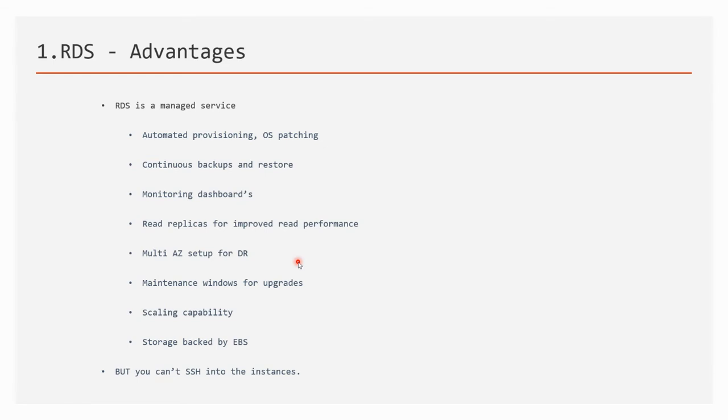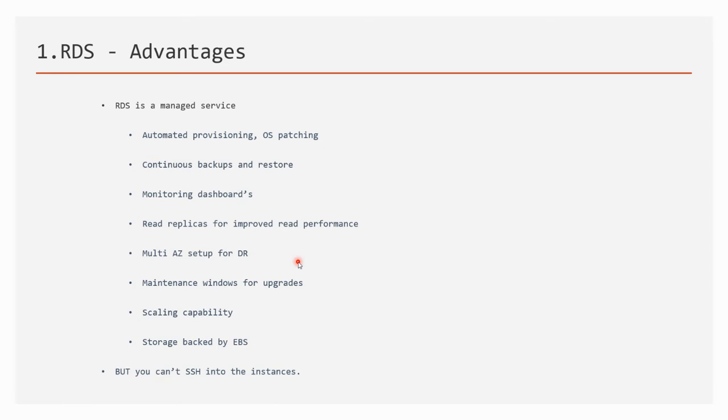Amazon does this for us automatically. We can specify the time frame, which day of the week, what time this maintenance should happen. All these things can be configured in Amazon, and it has scaling capability vertically as well as horizontally. Vertically means we can upgrade the hardware, and horizontally means we can create new instances too.